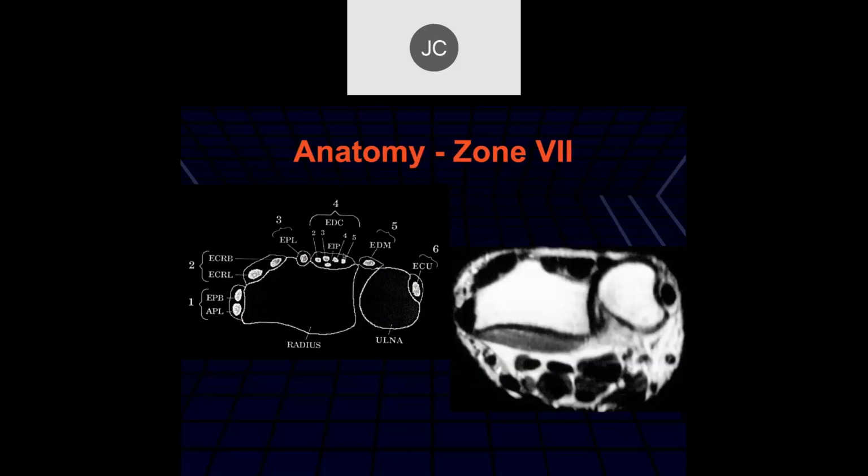The fourth compartment are the second through fifth extensor tendons. The fifth compartment is the extensor digitorum, extensor digiti minimi tendon, and the sixth extensor compartment is the extensor carpi tendon. And this is an old MR scan showing first, second, third, fourth, fifth, and sixth compartments.